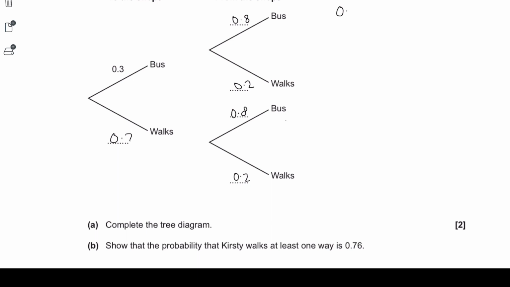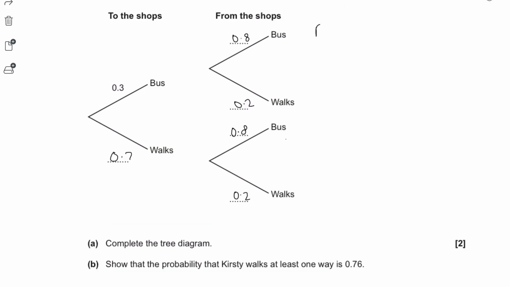Show that the probability that Kirsty walks at least one way is 0.76. So to answer this question, you'd find the possible combinations where you're walking at least one way. So it could either be bus, walk, walk, bus, or walk, walk.